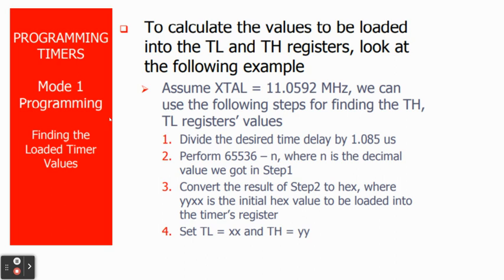So to continue, how to find the loaded timer values. To calculate the values to be loaded into TL and TH registers, we look at the following example. Assume that the crystal is 11.0592 megahertz. We can use the following steps for finding the TH and TL register values. First, we need to divide the time delay by 1.085 microsecond.